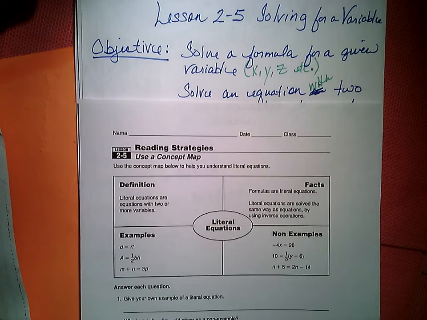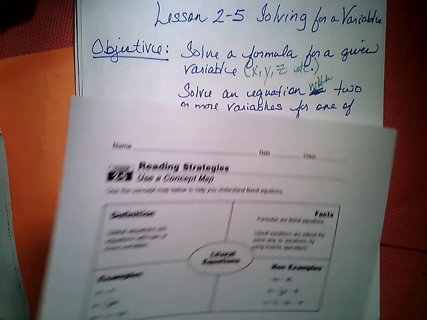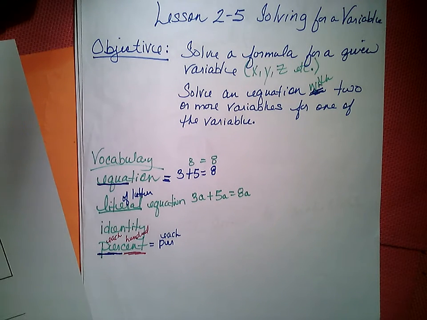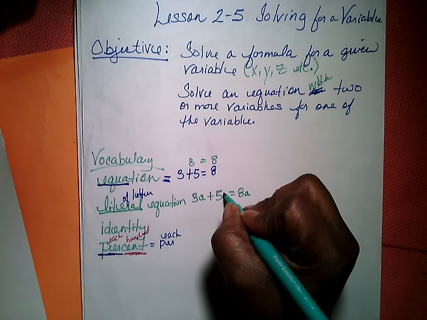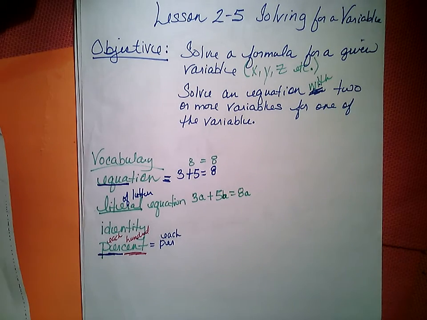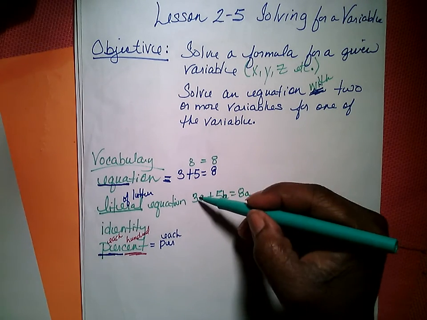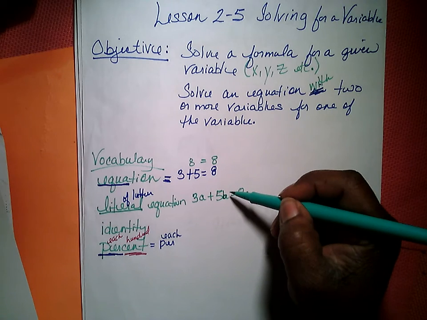The concept map gives us the definition: literal equations are equations with two or more variables. Let's modify this right here. Two or more variables. All right, so we've got 3a plus 5b.